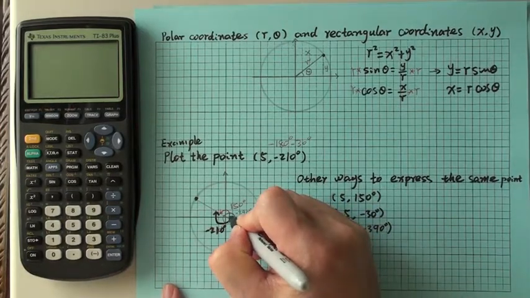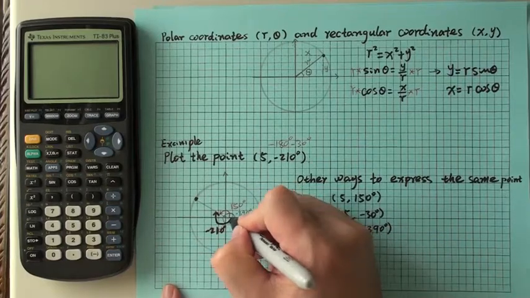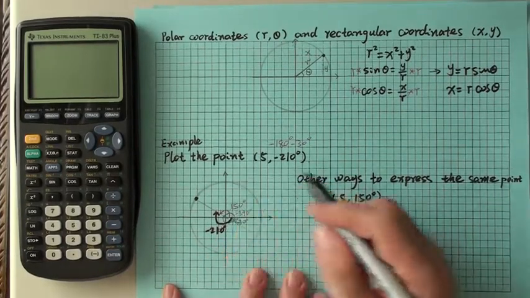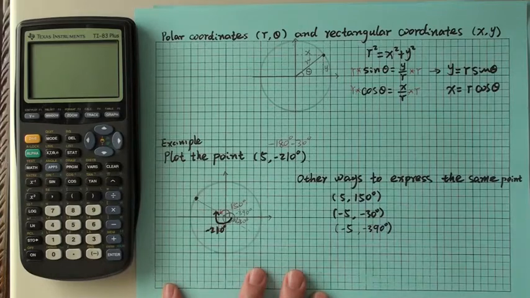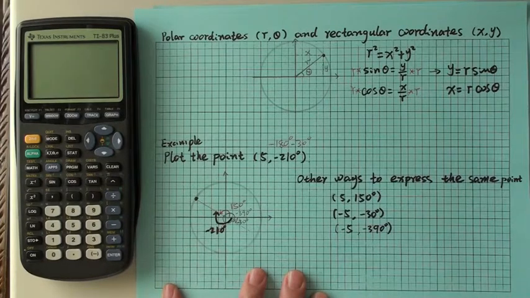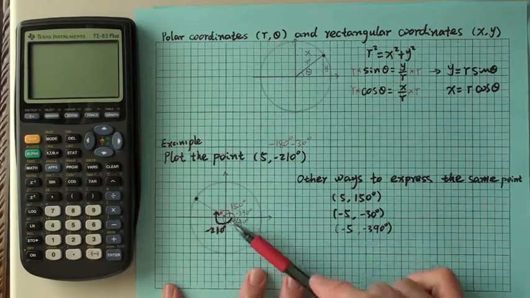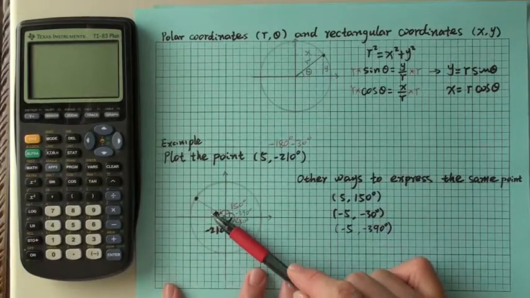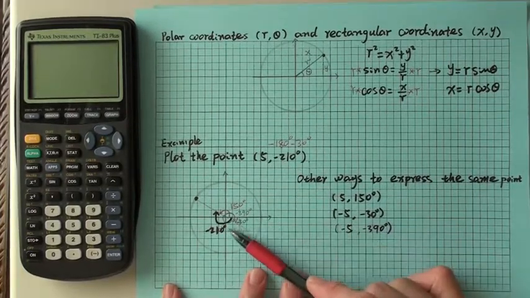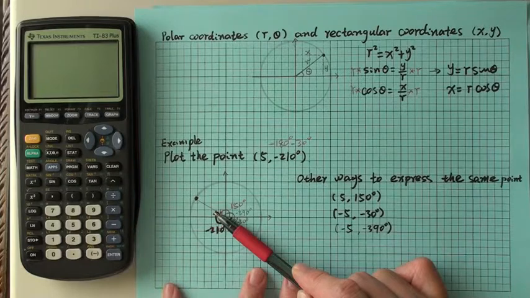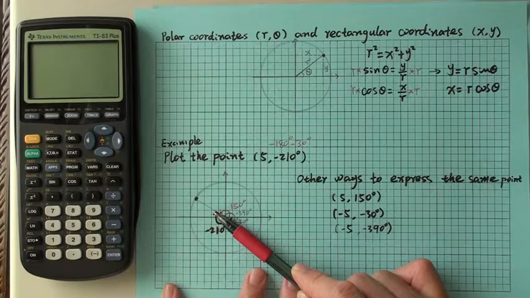That means if the initial side was on the x-axis, then you rotate 210 degrees clockwise. Negative means clockwise. Counterclockwise is positive. So from here to here.